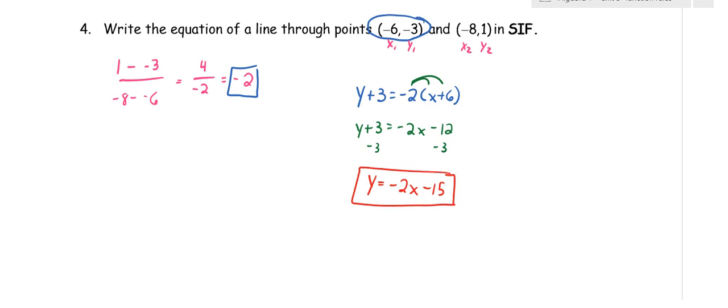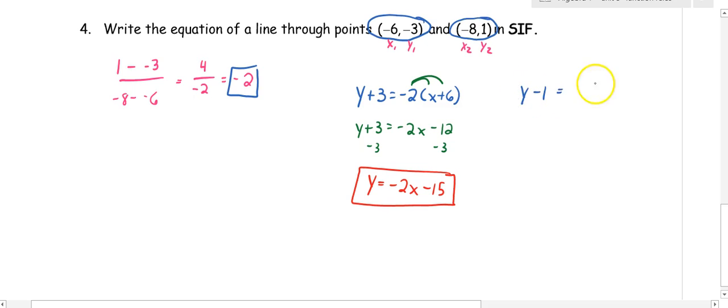So the reason that it doesn't matter what point you pick is if we do this again, and we use the other point now, so y minus 1 equals -2 times x plus 8. Now our point slope form equations look different, but when I go to distribute and solve for y, I get y minus 1 equals negative 2x minus 16.